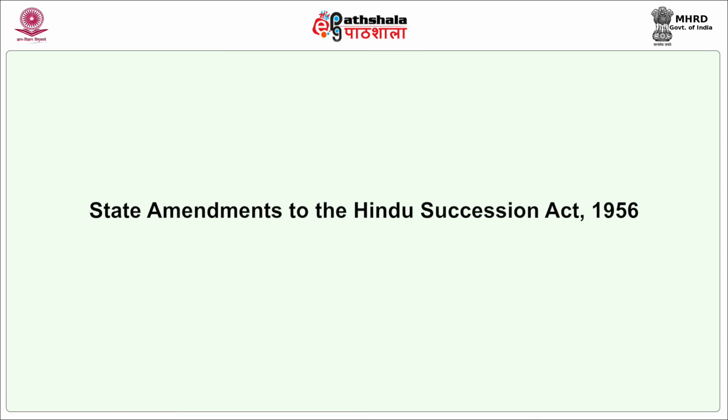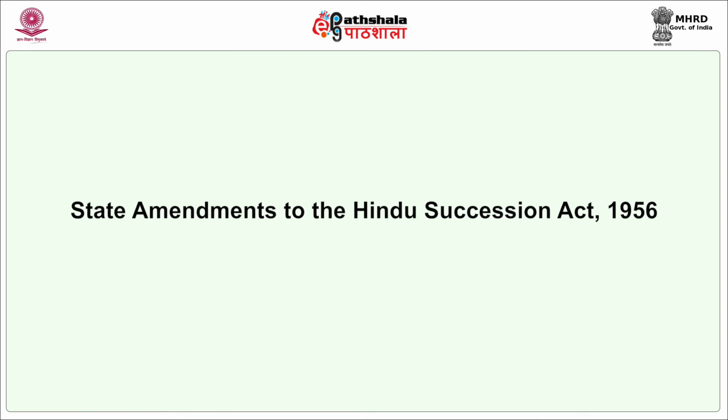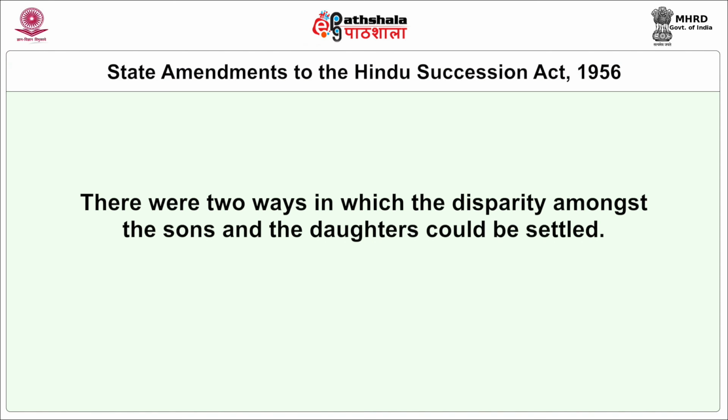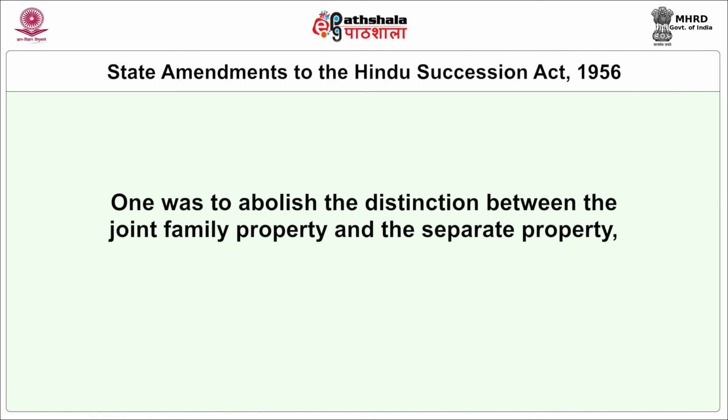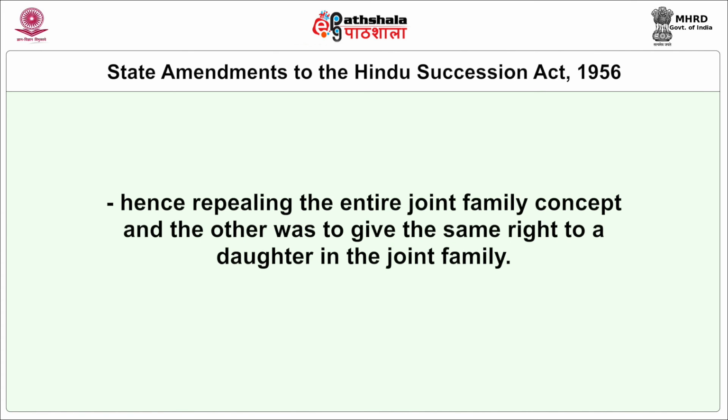State amendments to the Hindu Succession Act 1956. There were two ways in which the disparity amongst the sons and the daughters could be settled. One was to abolish the distinction between the joint family property and the separate property, hence repealing the entire joint family concept, and the other was to give the same right to a daughter in the joint family.